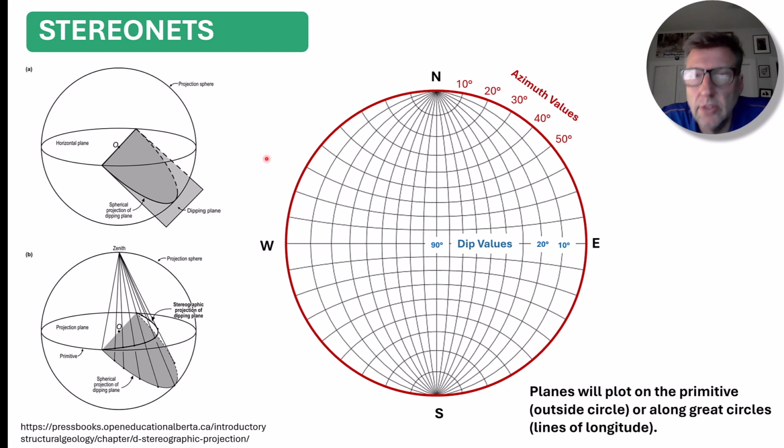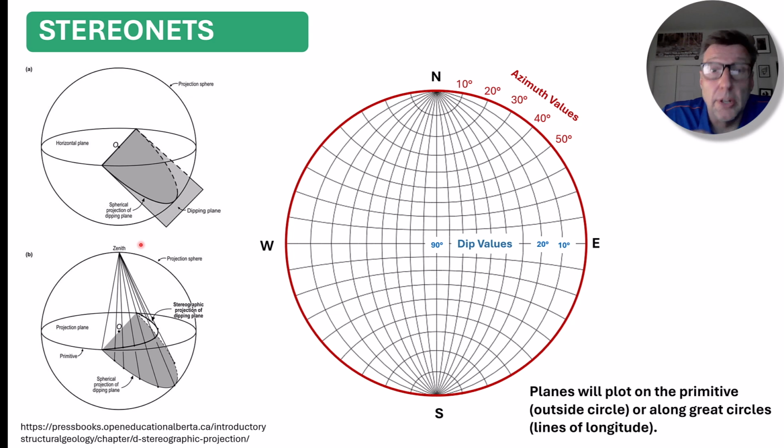What we need to do is project the spherical projection onto the horizontal plane. We want to project it back up to this horizontal plane. To do that, we project all points along the spherical projection, all the points along here, back up to the zenith.